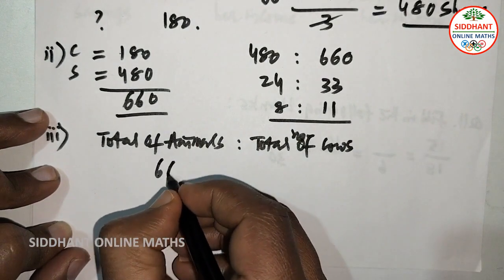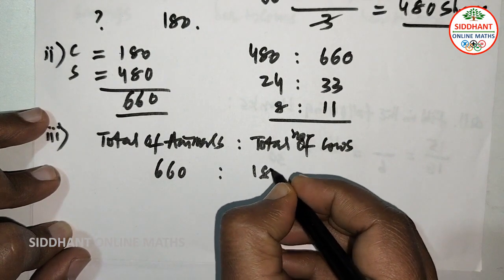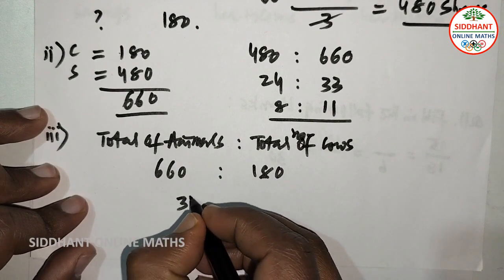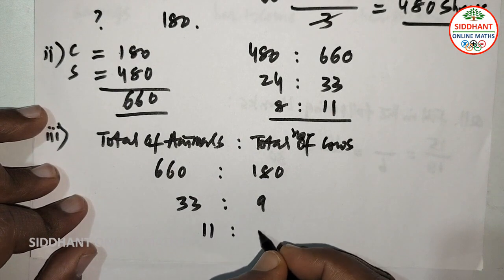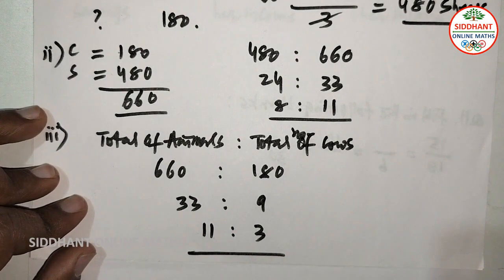So total number of animals is 660. Total number of cows are 180. So when you are going to simplify, 33:9. So that will be 11:3. So this is the ratio.